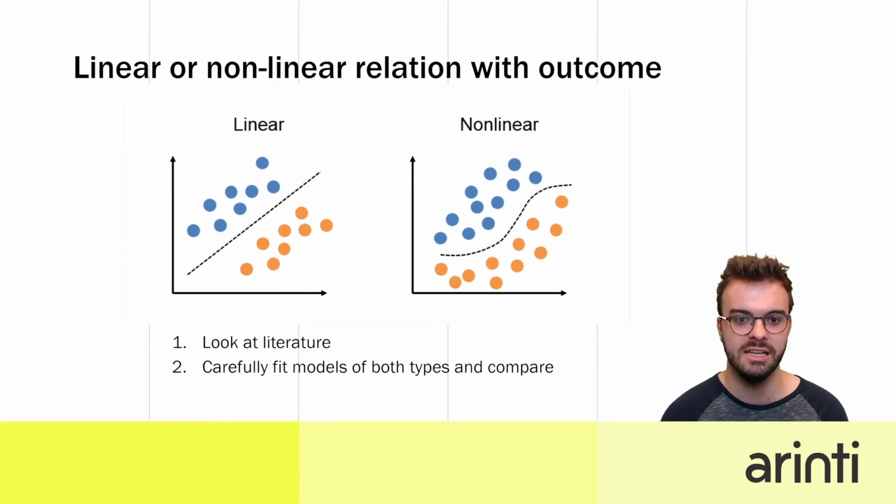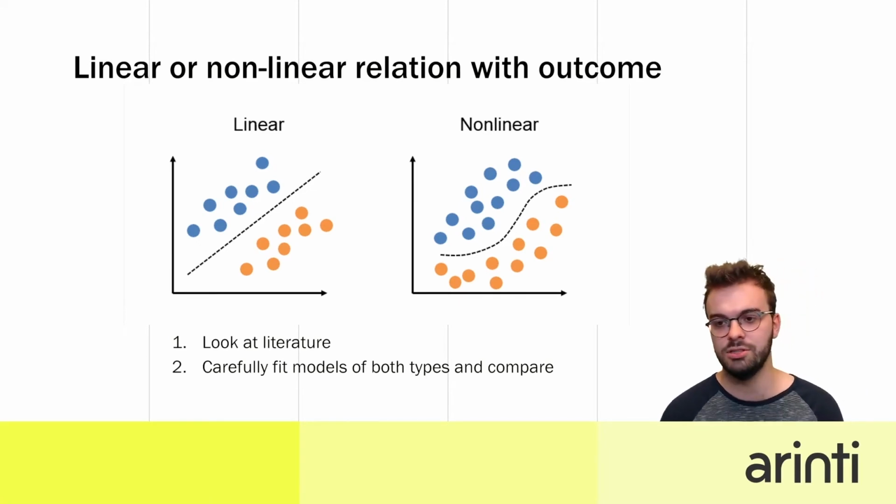Something else to consider is whether your predictors have a linear or a non-linear relationship with your outcome variable. In introductory data science courses, you'll often see graphs and images like this, where they say if you want to know whether you have linear separability in your data set or not, then you simply graph both of your predictors, in the case that you have two, color in your outcome variable, and then if you can fit a straight line through them, then I would use something like logistic regression because that fits a straight line.